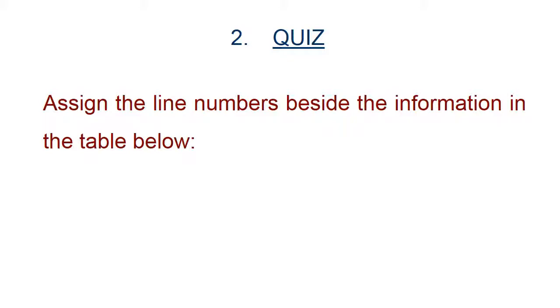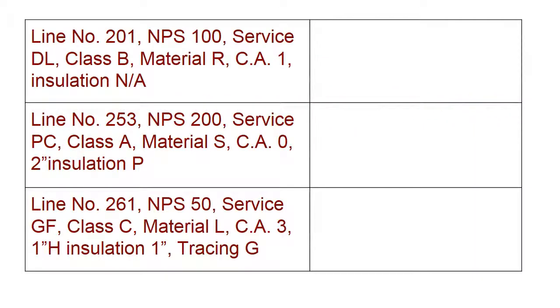Assign the line numbers beside the information in the table below. Line number 201, NPS 100, Service DL, Class B, Material R, CA 1, Insulation N/A.